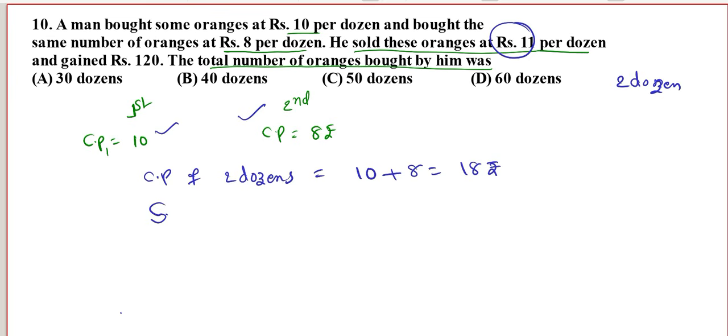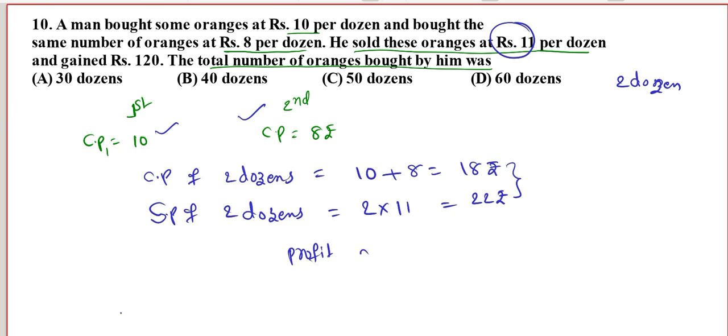So the selling price of 2 dozens is 2 into 11, that is 22. So selling 2 dozens of these oranges, he gets a profit of 4 rupees. That means profit on 2 dozens is 4 rupees.